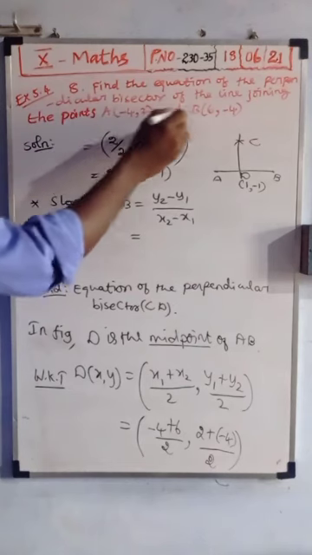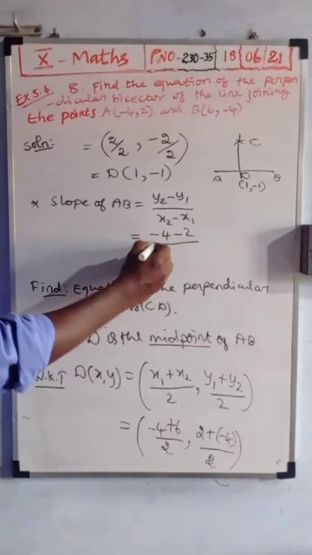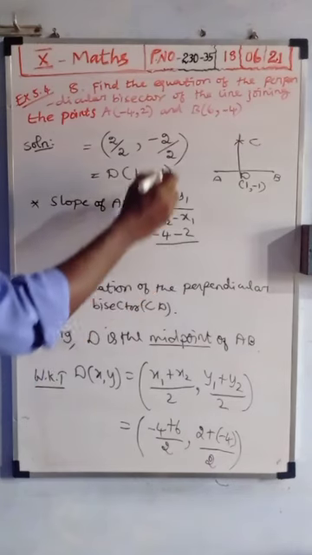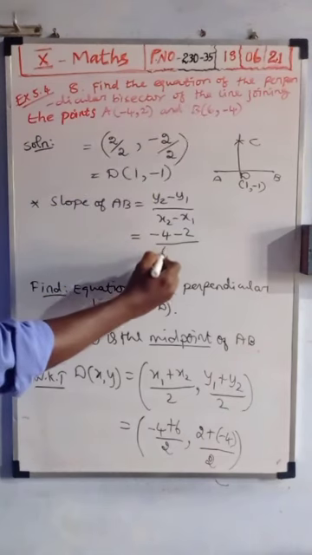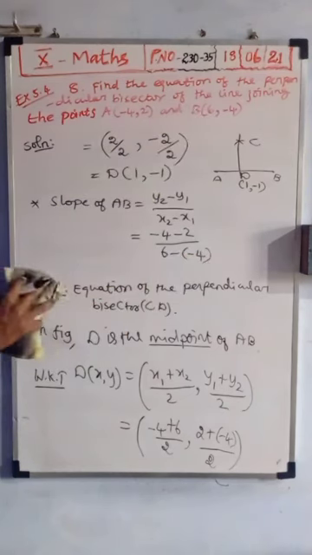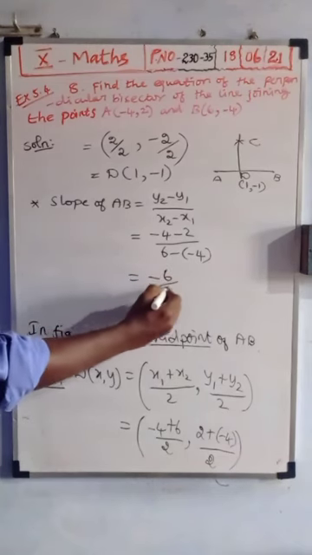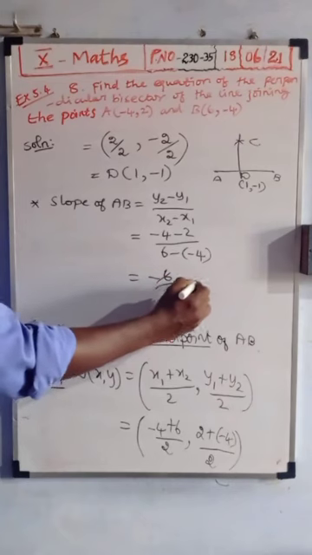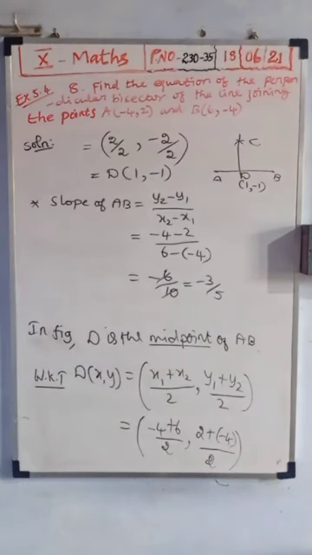Now A point is x1 y1, B point is x2 y2, then minus 4 minus 2 whole divided by y2 minus y1 divided by x2, 6 minus of minus 4. Now simplify this. We will get minus 6 divided by 10. Cancel, and we will get minus 3 by 5. So the slope of AB we received is minus 3 by 5.